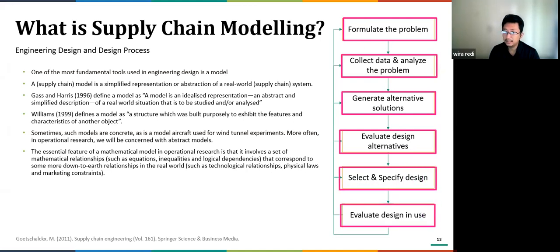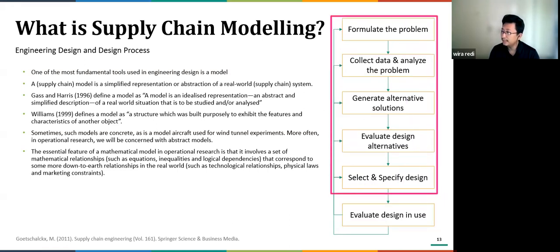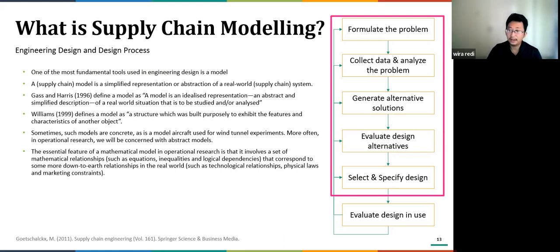So in practice, these are the steps. However, for our term projects, maybe you don't have the chance to evaluate it in place, but at least you can recommend which one will be the best.